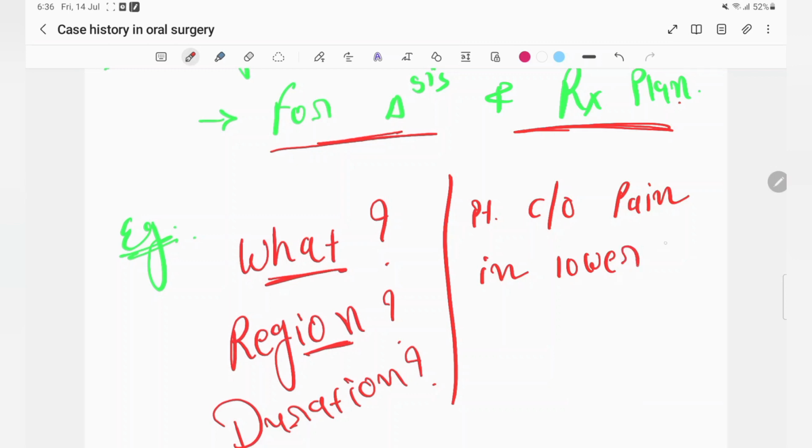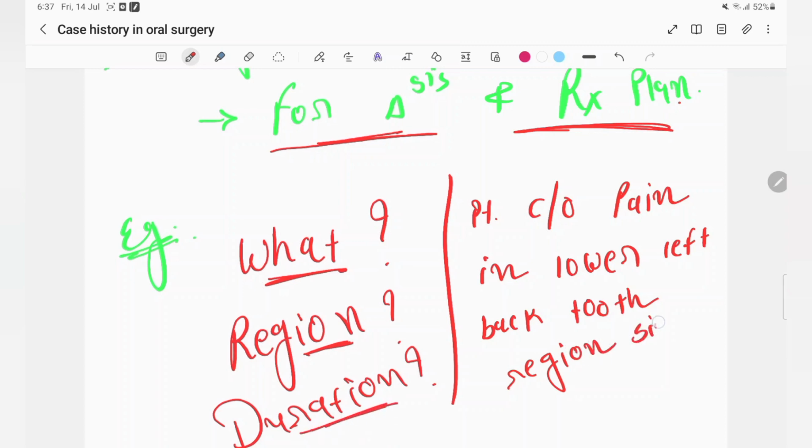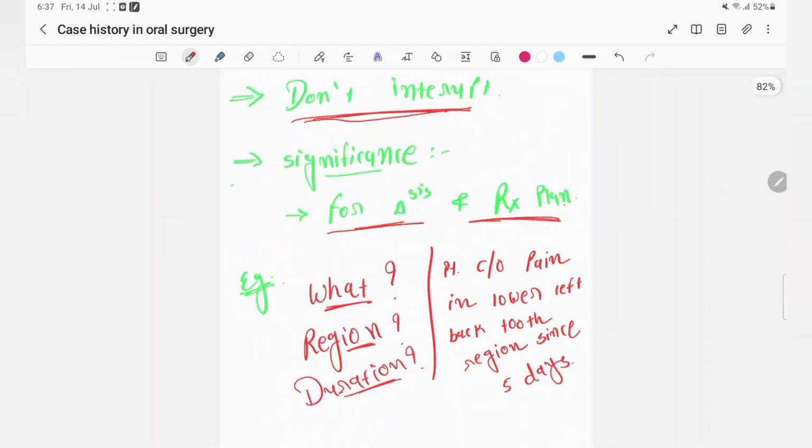Then right or left, suppose left. Front or back, the patient says back. Tooth or gum, the patient says tooth region. Okay, this is region. Then you have to ask duration, so since 5 days. Okay, this is a proper recording of chief complaint.